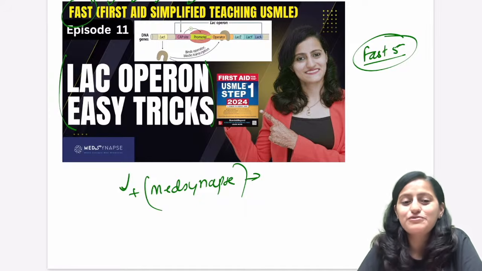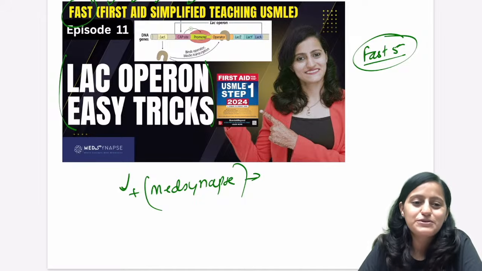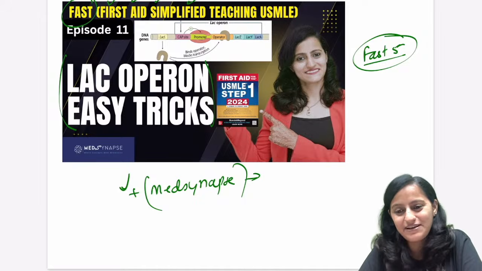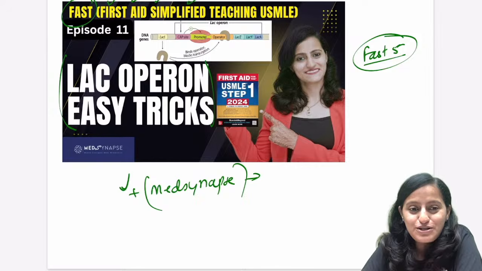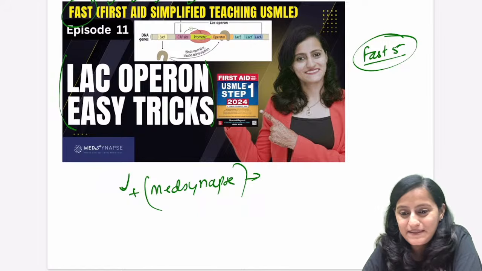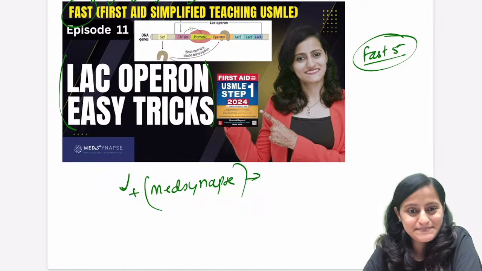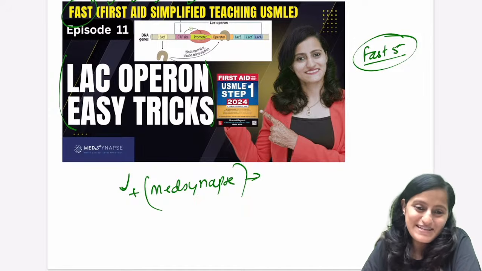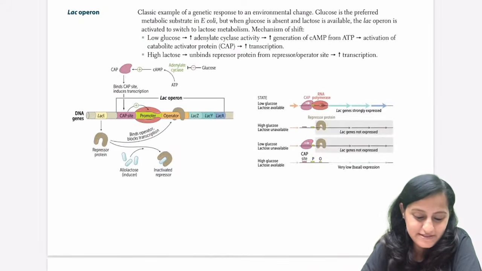How many of you have tried reading this topic but could not understand it? The moment you see a question on Lac operon, your first instinct is to skip the question. How many of you are like that? Yes? Okay, so let's see at the end how many of your views have changed after the session.